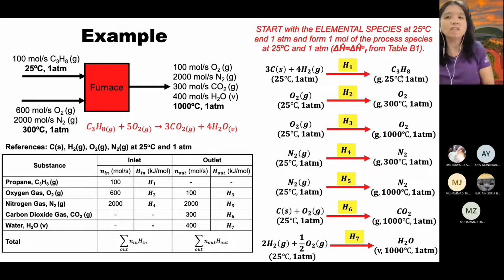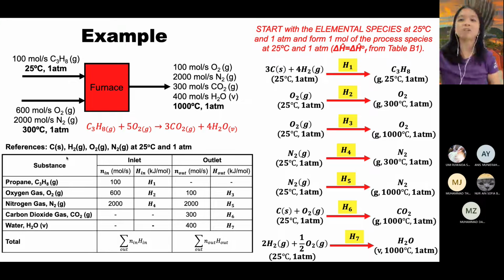So at 25 Celsius 1 atm, carbon exists as atom carbon. Hydrogen exists in the form of hydrogen gas. So the heat of formation is actually formed from carbon in solid form and hydrogen in gas form. Means to form C3H8, carbon reacts with hydrogen gas, and you get C3H8.